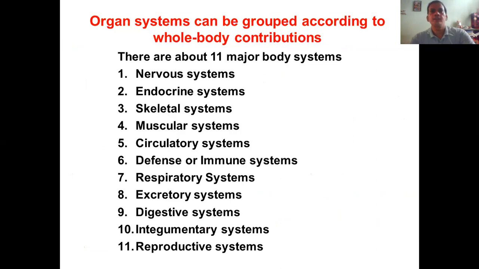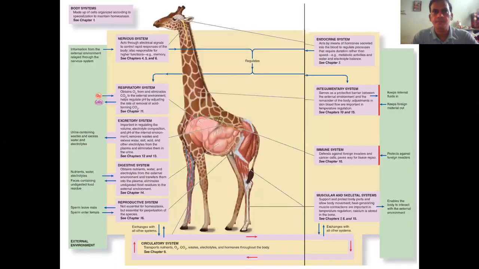Okay, so the organ systems can be grouped according to the whole body composition. There are about 11 major body systems: nervous system, endocrine, skeletal system, muscular system, circulatory system, defense or immune system, respiratory system, excretory system, digestive, integumentary, and the reproductive system.